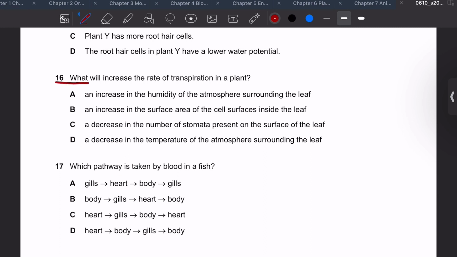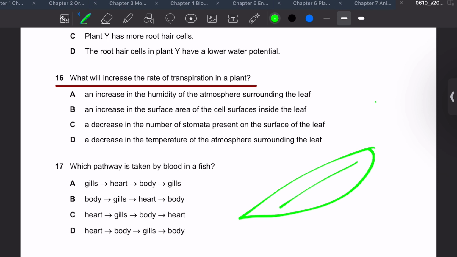Number 16. What will increase the rate of transpiration in a plant? So let's talk about transpiration first.